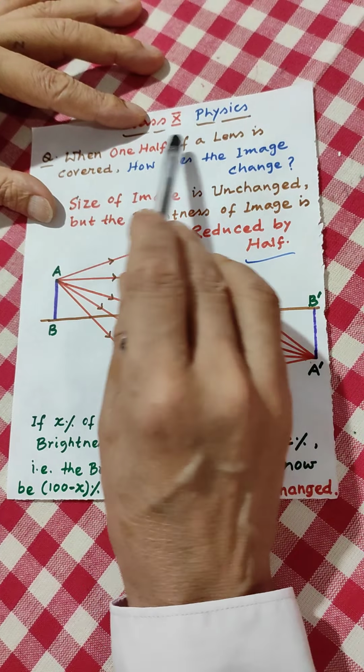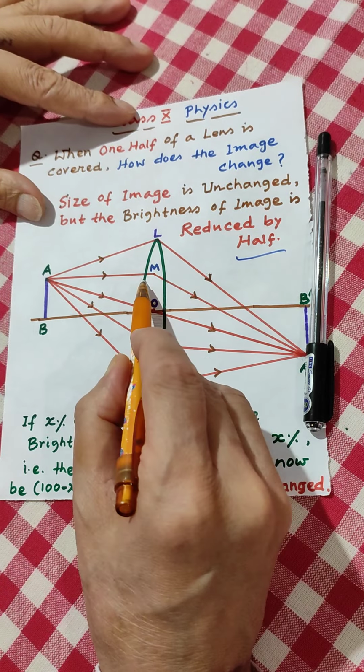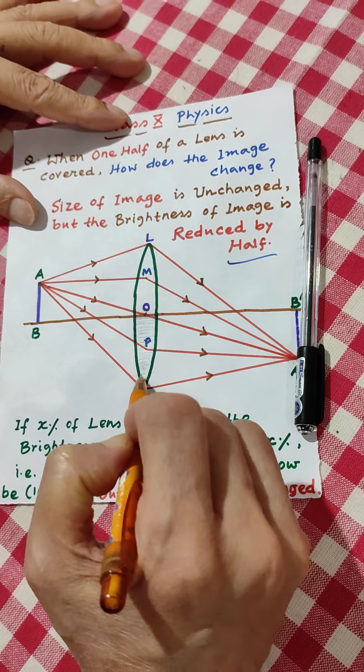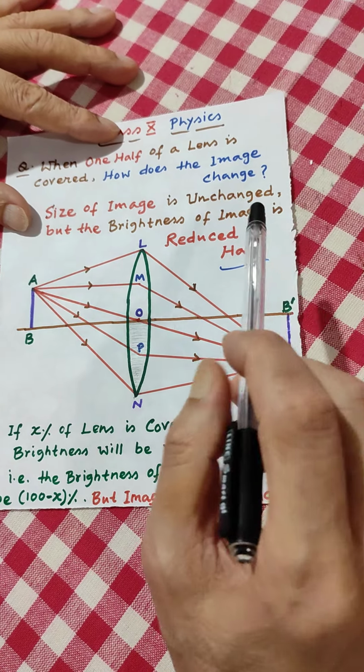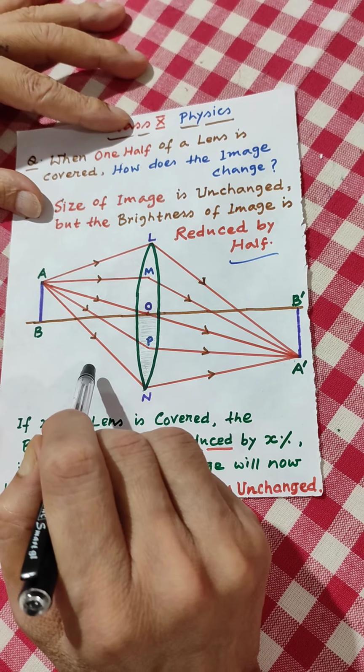If you cover 75% of the lens, suppose up to this point, 75% of the lens from here to here you cover, then what will happen? The brightness of the image will be reduced by 75%.